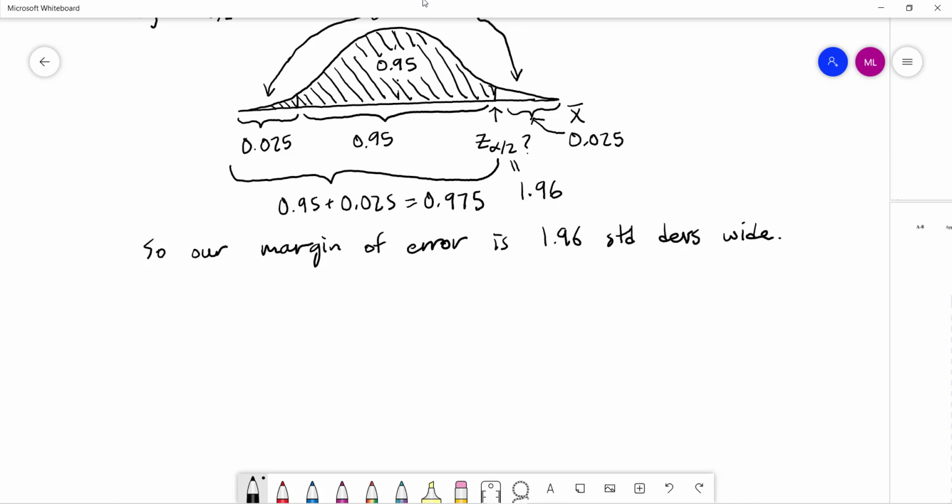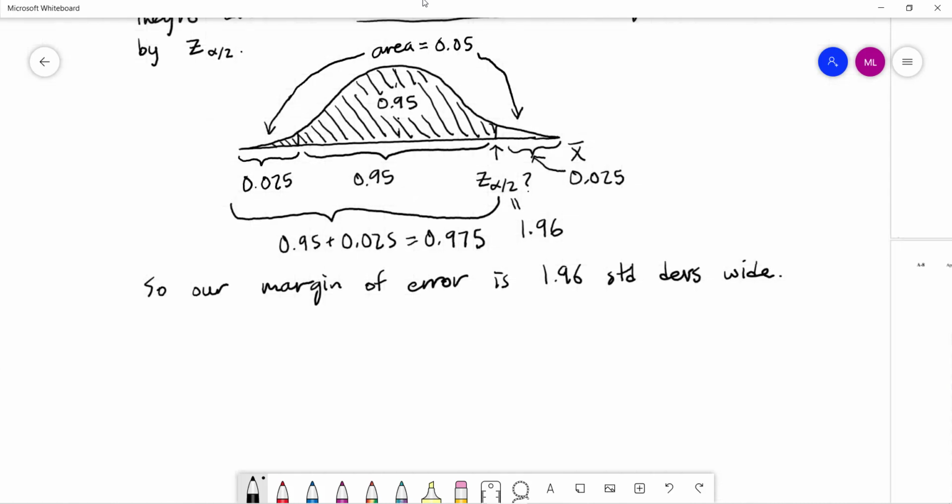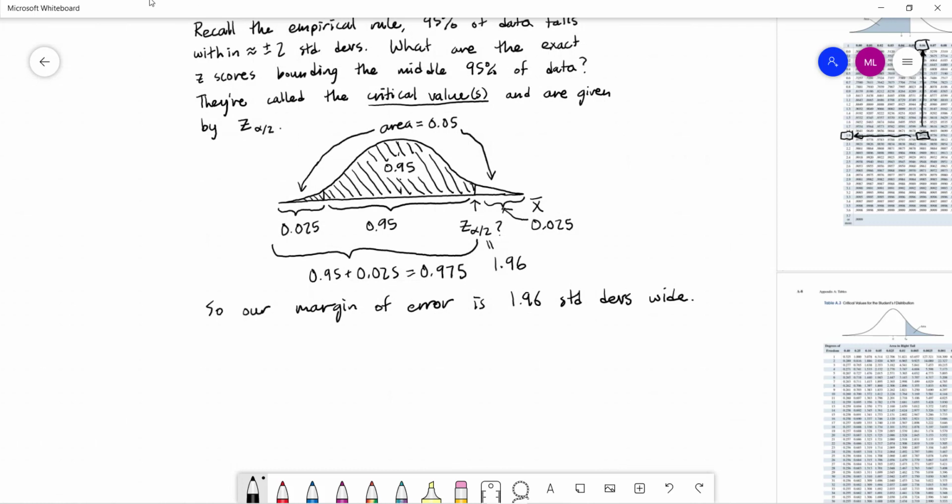But that's not quite useful yet. What we've basically said is this is how big I need to make my buffer, 1.96 standard deviations. But it doesn't help to say, thinking back to the problem we're trying to solve, I think the average age of a US citizen is 38.57 years, plus or minus 1.96 standard deviations.